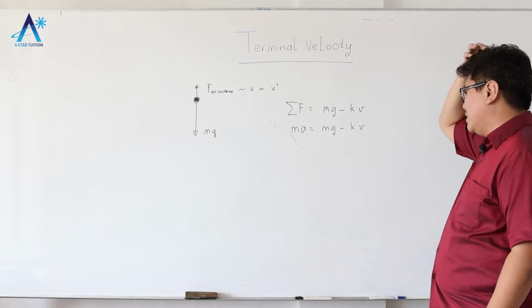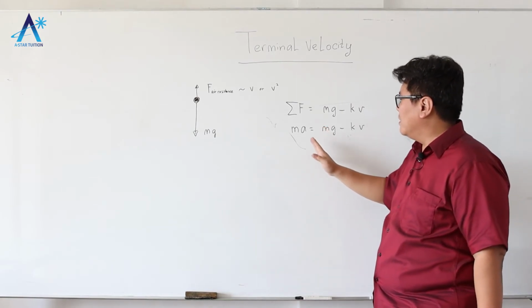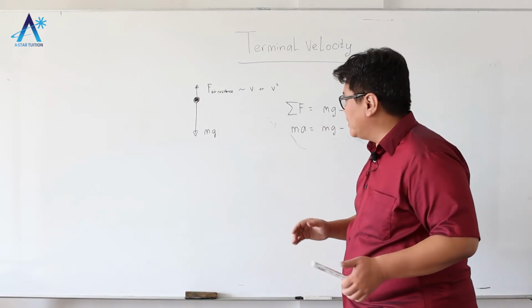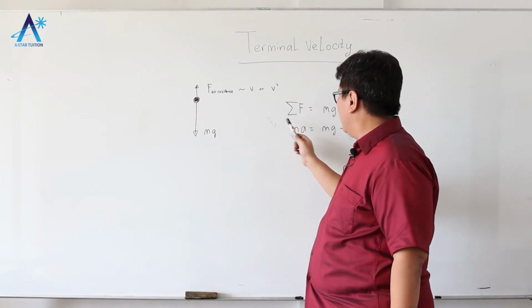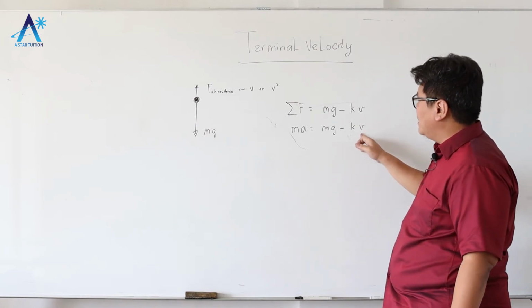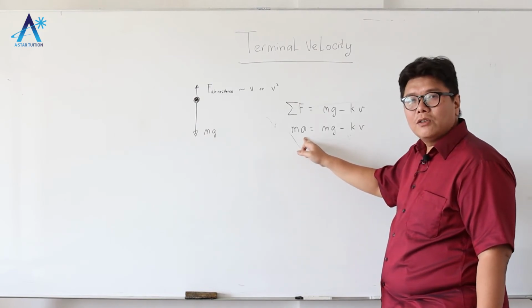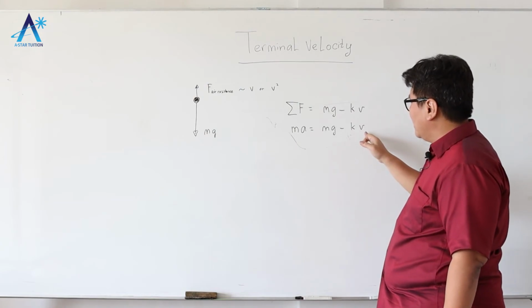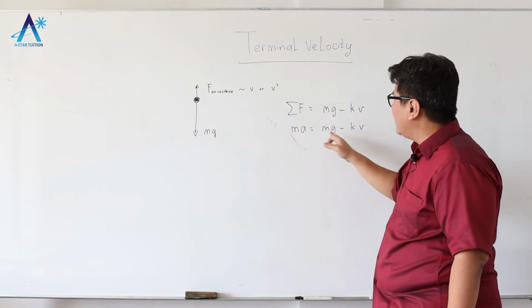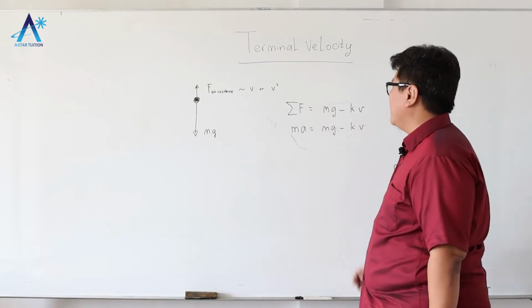Now, the difference between this equation and other equations that we encountered previously is that this one cannot be easily solved because the v here depends on a. So there is an internal relationship between a and v. So you cannot just solve it directly.